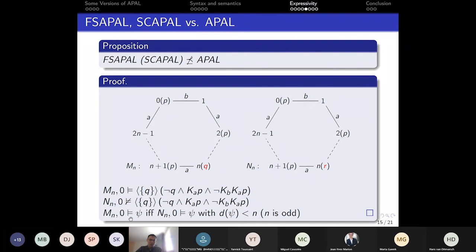This is because we can show that MN0 and NN0 are n-bisimilar. However, we know that n-bisimilar doesn't imply that they are model equivalent in general for all APAL formulas, but it can be shown for these particular classes of models MN0 and NN0.